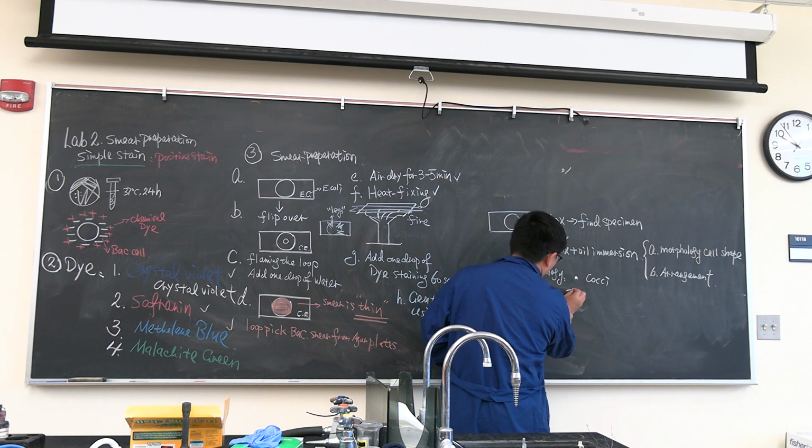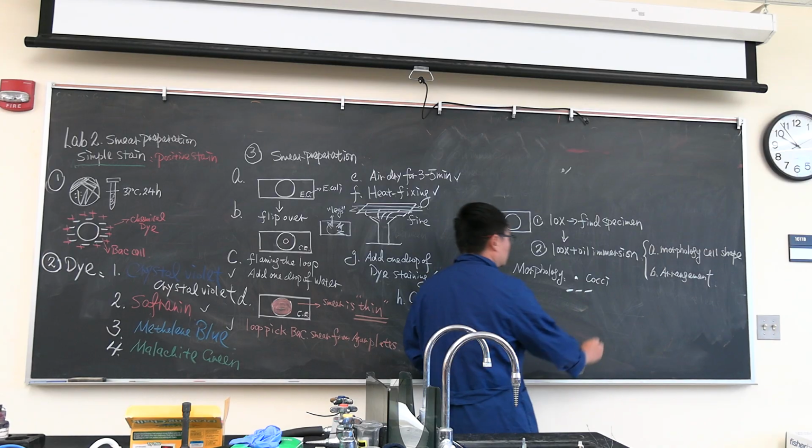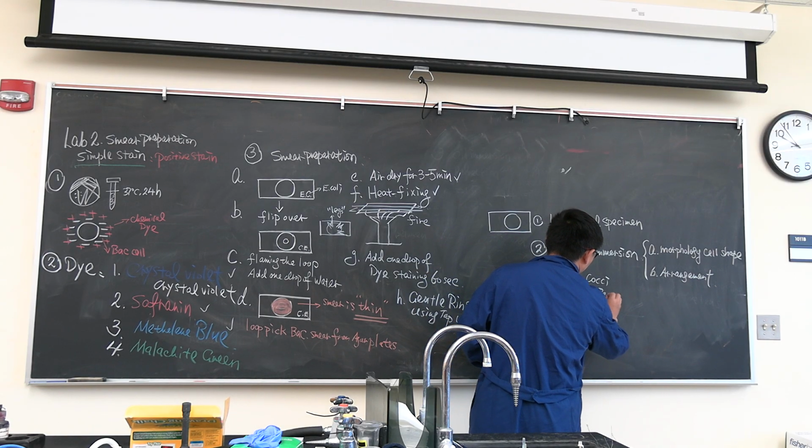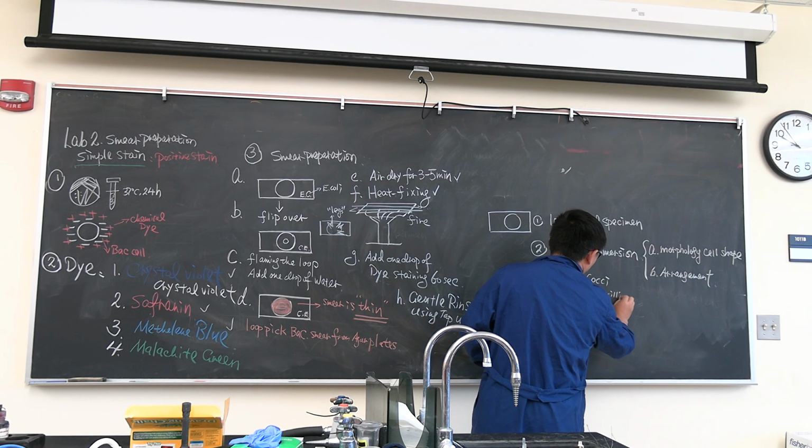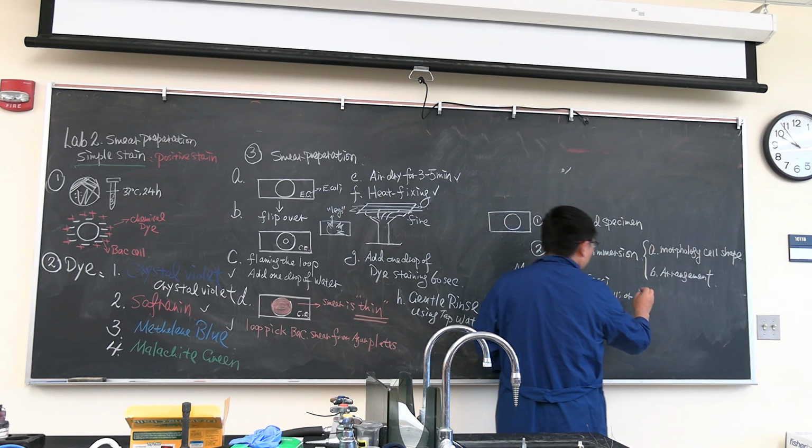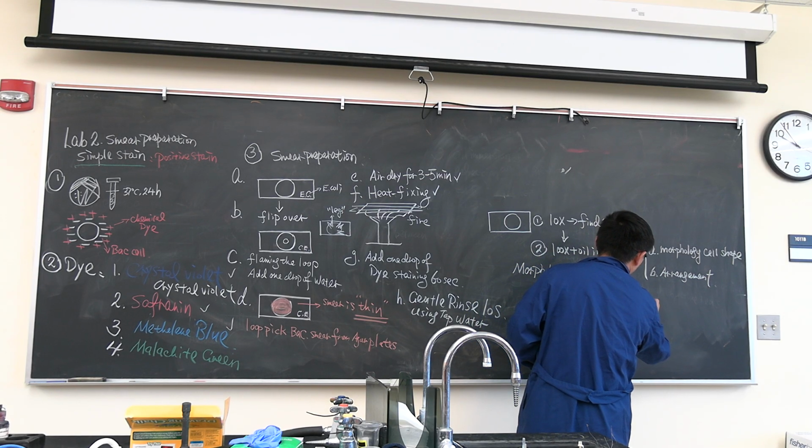Sometimes it's like a line, we call it bacillus, or rods.